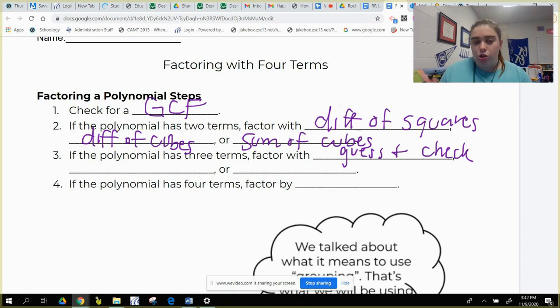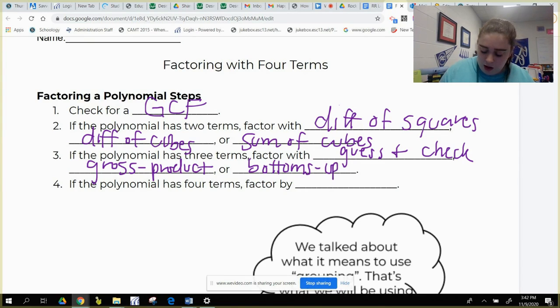The 2 options we had if it had a leading coefficient other than 1 were gross product and bottoms up. So those are the 3 ways we went over yesterday.